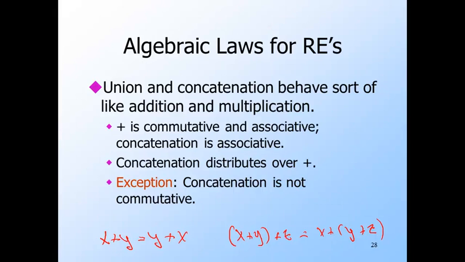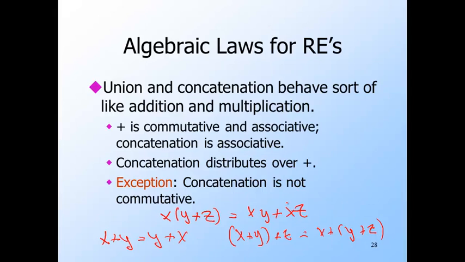Concatenation, like multiplication, is associative. Moreover, concatenation distributes over union just like multiplication distributes over addition. That is, x concatenated with y plus z equals xy plus xz. That's the distributive law. Okay.